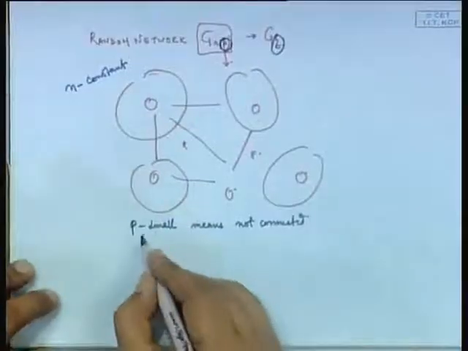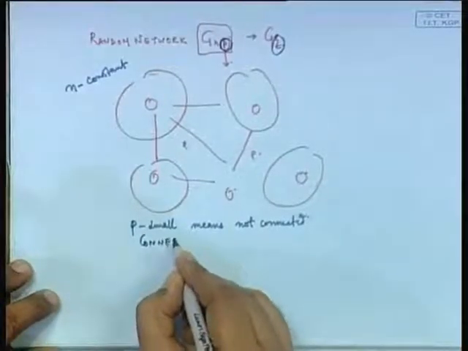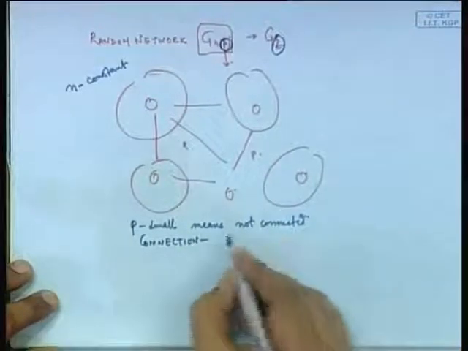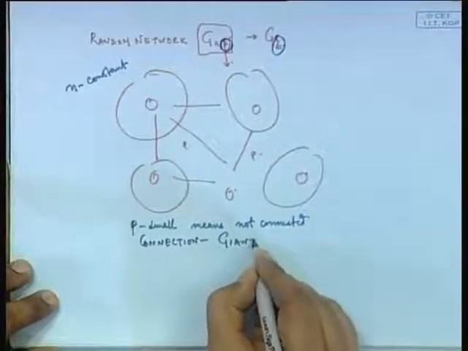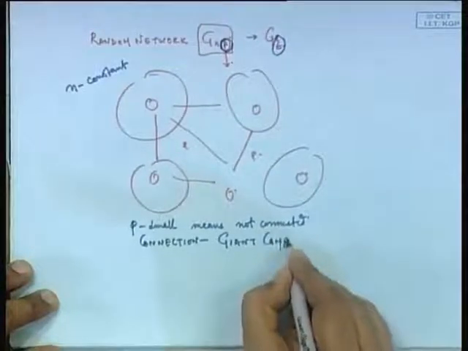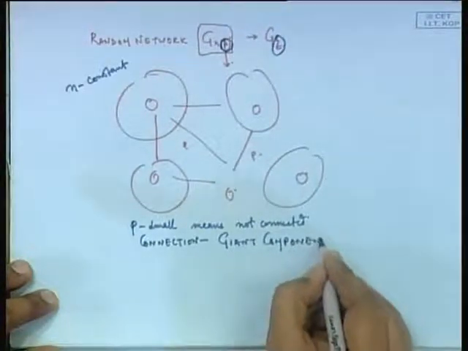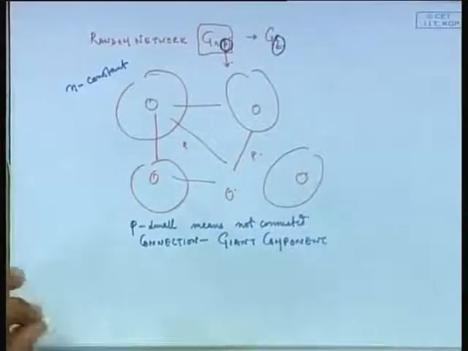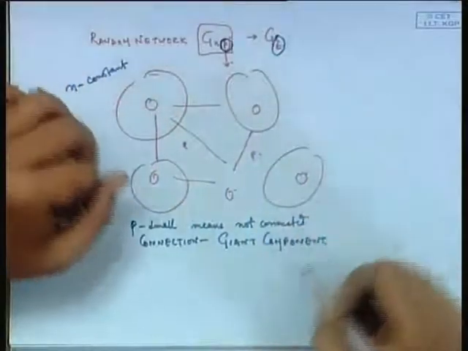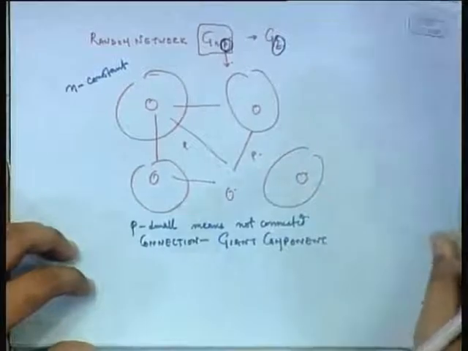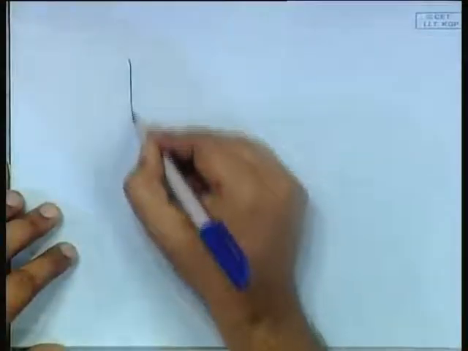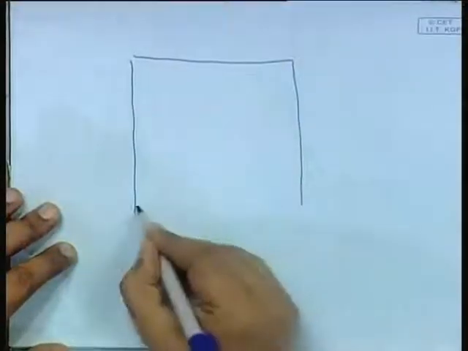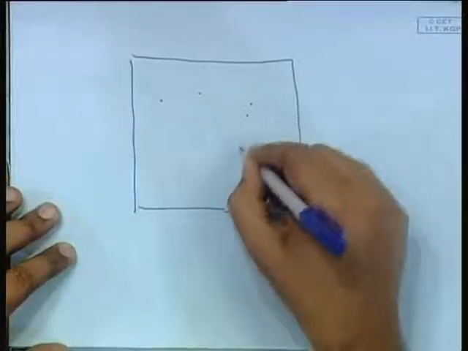Now, connection has another interesting connotation. With connection we use this term giant component. I was telling also about that water concept. So, you have this place, water begins to drop.